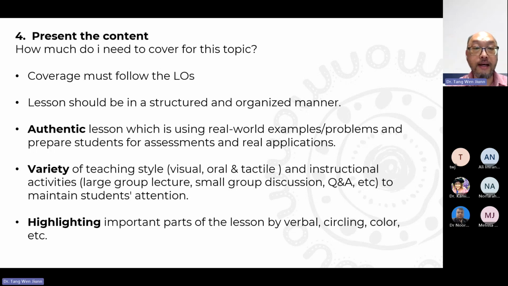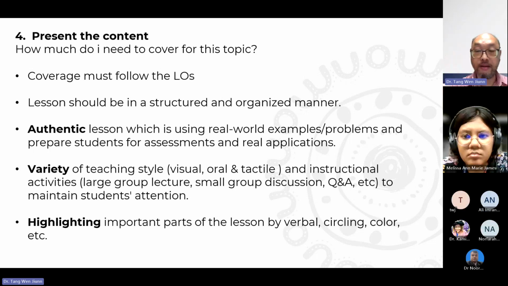And then we have to highlight the important parts during the lesson itself. When we discuss, we circle, we highlight. Those will assist them to pay attention to certain things or facts which are important for them to revisit again.